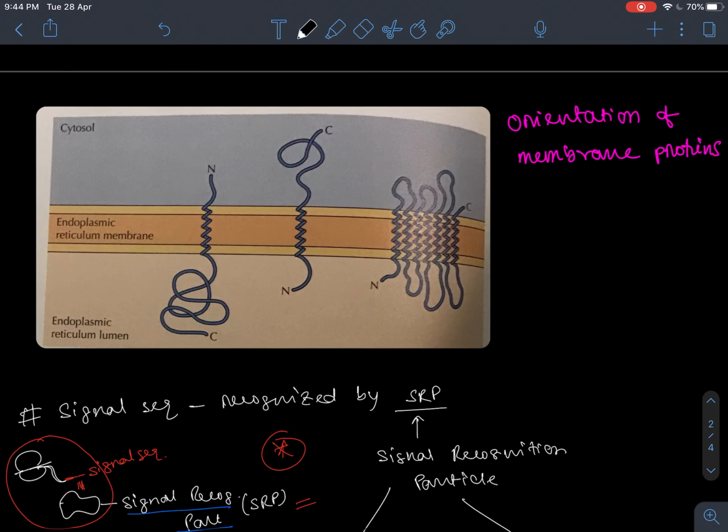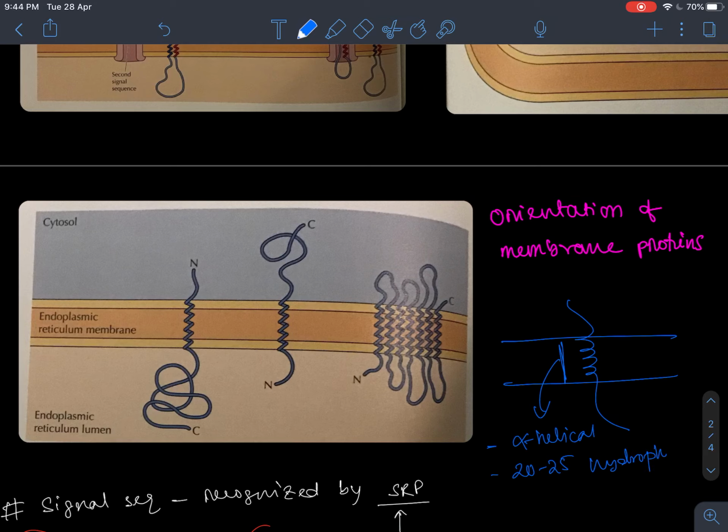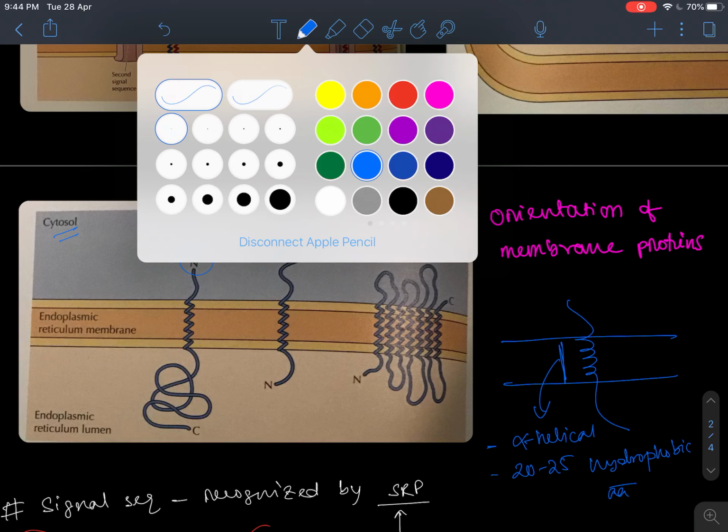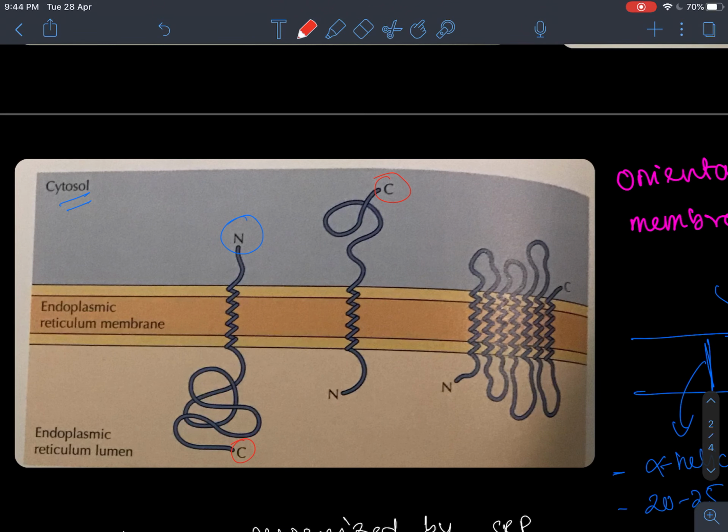For membrane proteins there are three types of orientation. The membrane protein should always contain an alpha helical part at the transmembrane region, and this alpha helical part should contain at least 20 to 25 hydrophobic amino acids. There are two kinds of orientation: one where the N terminus is in the cytosolic part and the C terminus is in the luminal part, and the second is just the opposite, where the C terminus is in the cytosolic part and the N terminus is in the lumen.